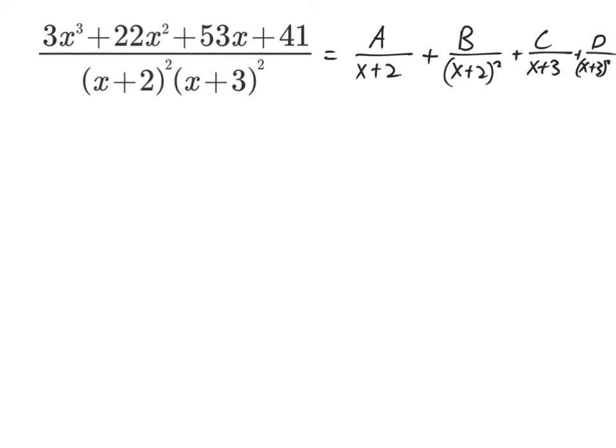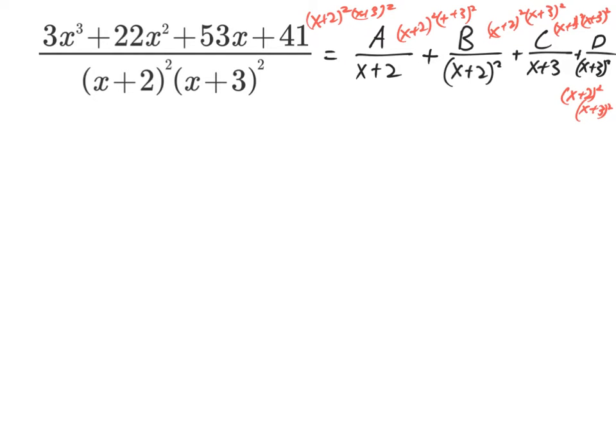Now what I'm going to do is multiply by this denominator down here. So I'm going to multiply everybody by x plus 2 squared, x plus 3 squared. And then this guy, I'm going to bring it down here even though it's supposed to be up at the top.